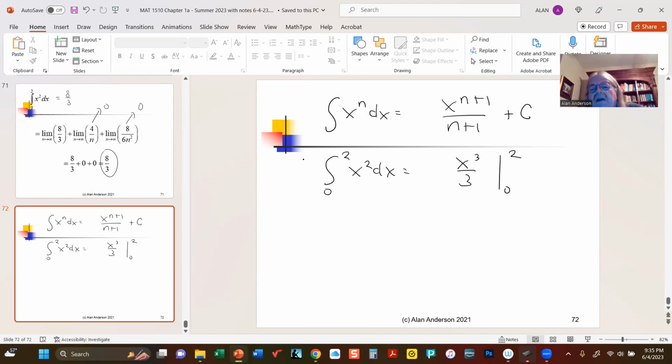So instead of having a constant, you're going to have x cubed over 3 evaluated from 0 to 2, which means 2 cubed over 3 minus 0 cubed over 3, which is 8/3.